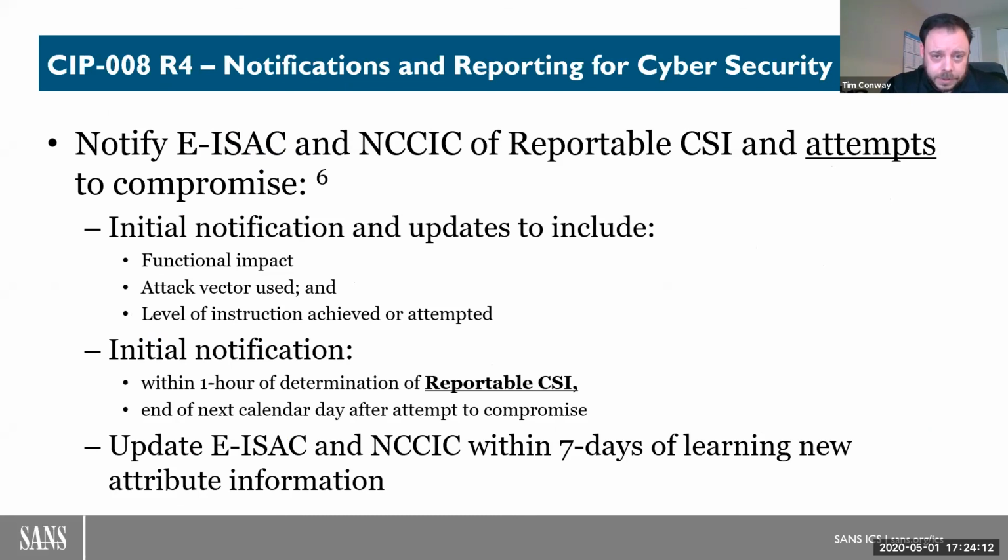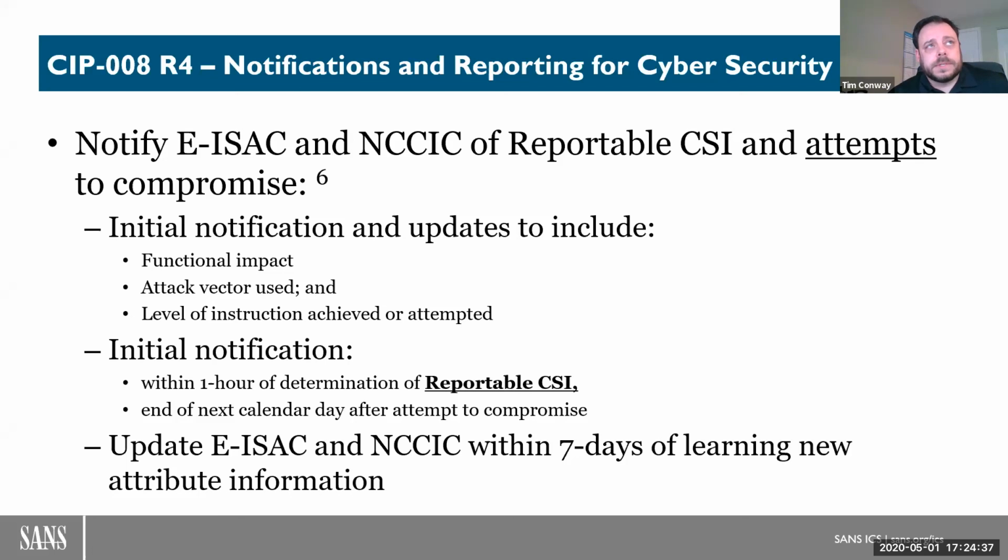So looking at some of the items here, the initial notification needs to include the functional impact, which some may or may not know, depending on what the attack is. The attack vector used. In some cases, that could take weeks or months to determine. The level of intrusion achieved or attempted. And that is a place where there is a lot of ambiguity.